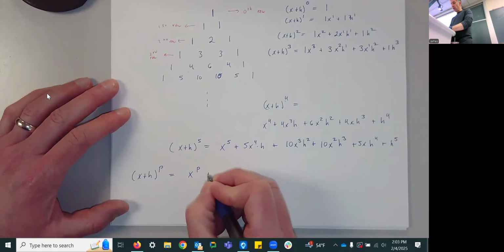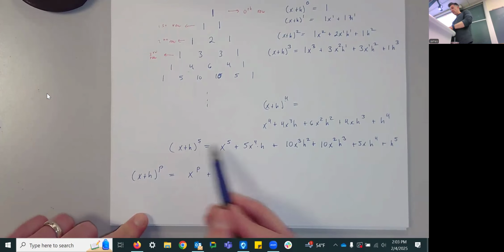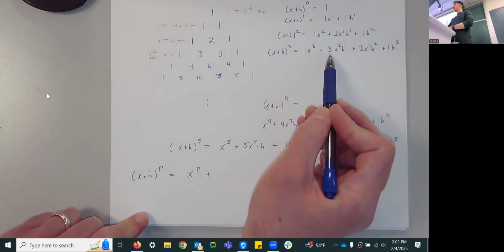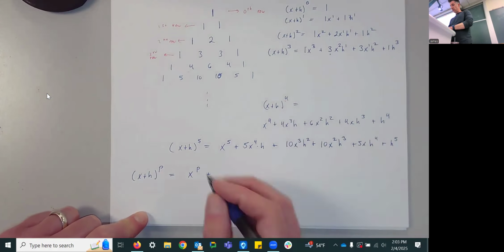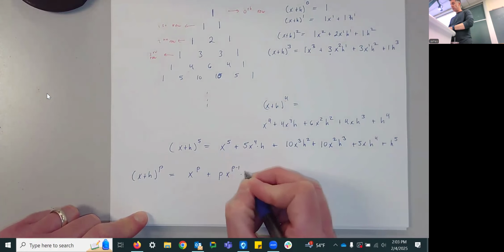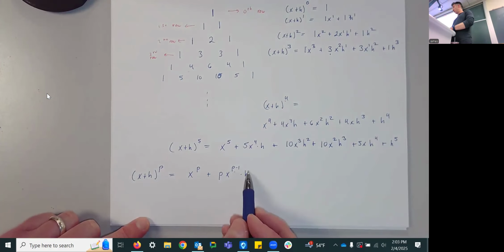And my next term, what's the coefficient going to be? It's going to be p, right? Because just like when it was 5, it was 5, when it was 4, it was 4. The next coefficient is always whatever your original power was. So the next term is going to be p times x to the p minus 1 times h to the first.